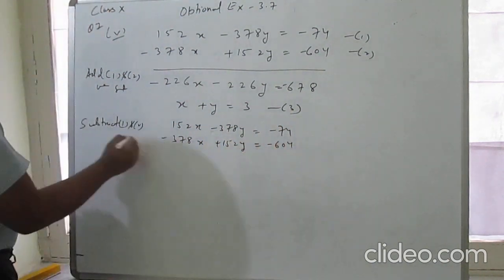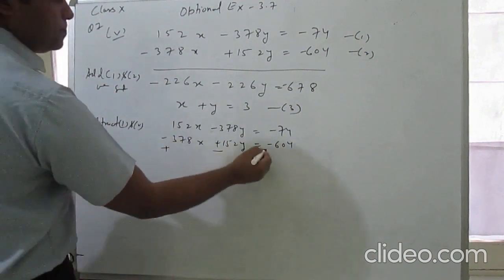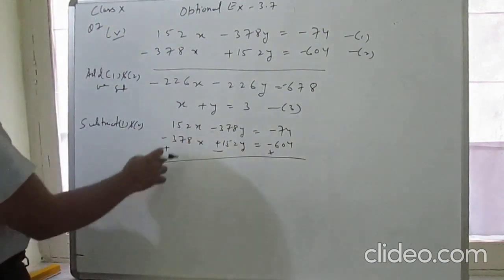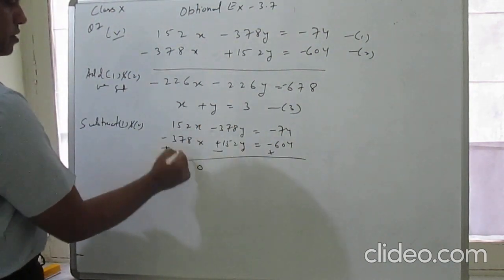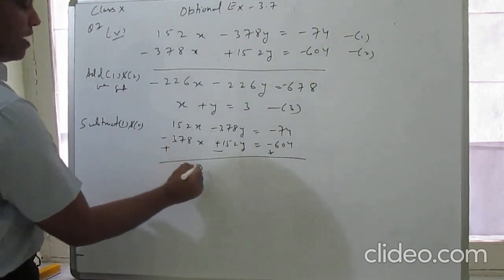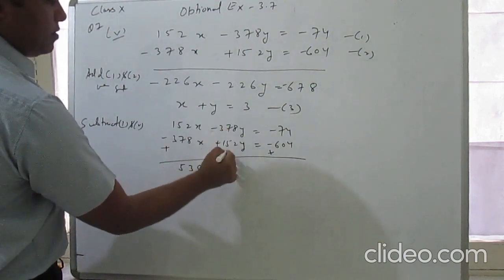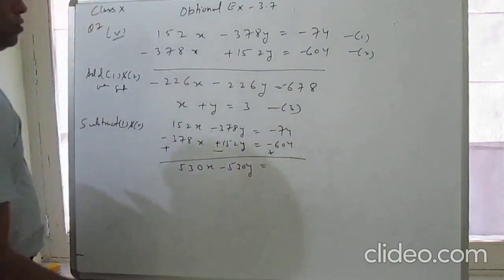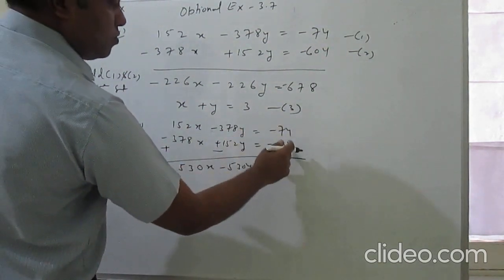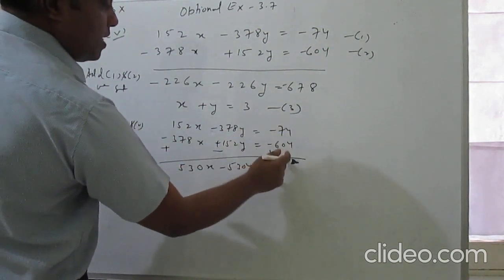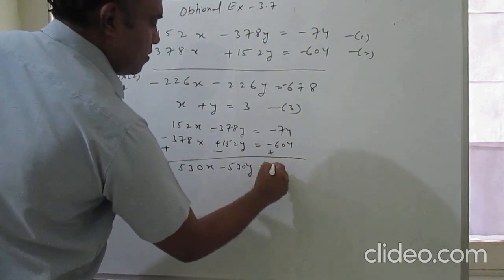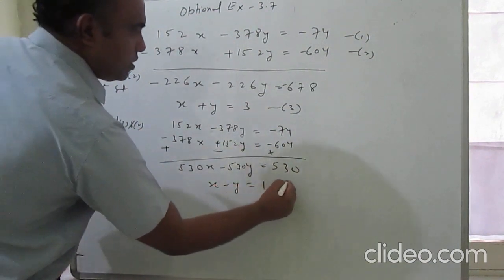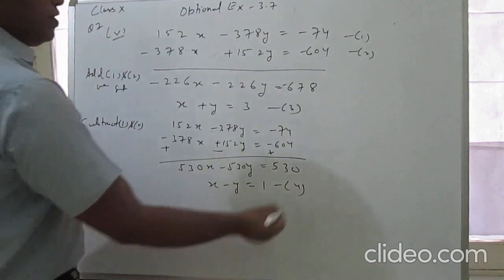If you subtract, change the sign of the second equation, it will be plus. 530x minus 530y is equal to 530, the remainder. Divide by 530, x minus y is equal to 1. This is equation 4. Now solve 3 and 4.